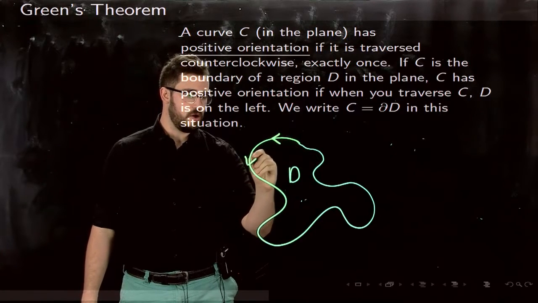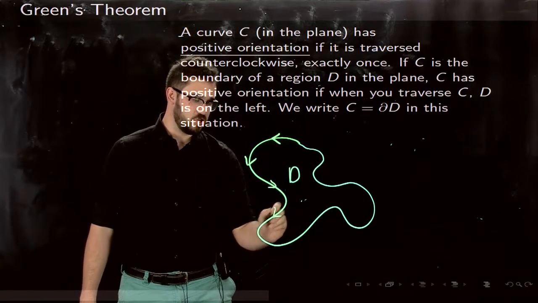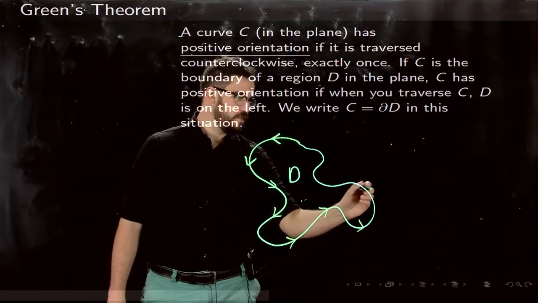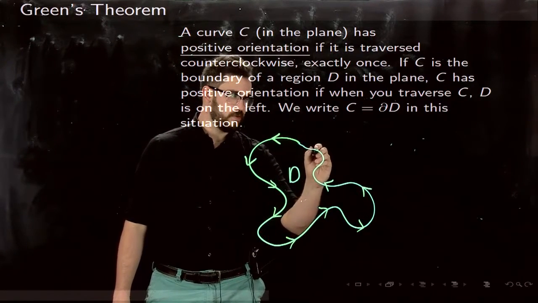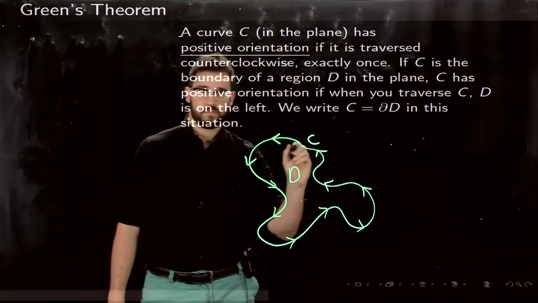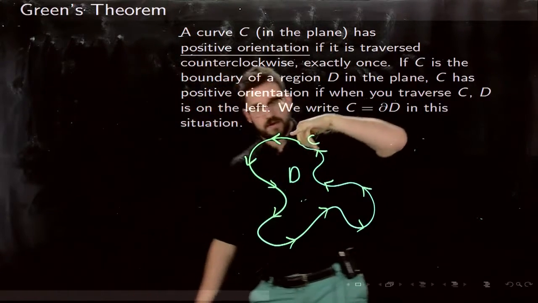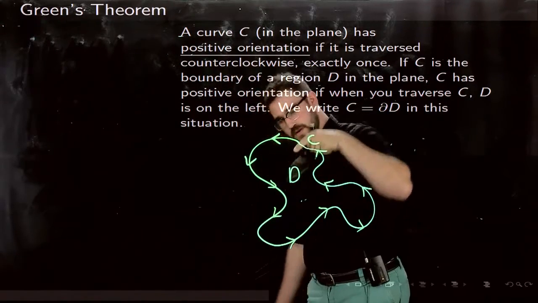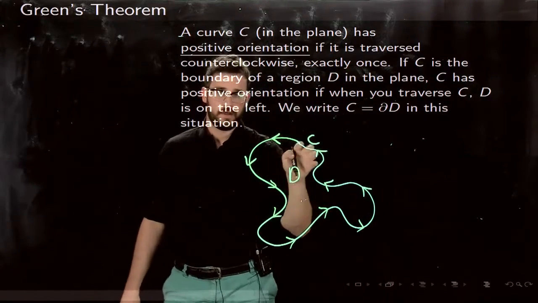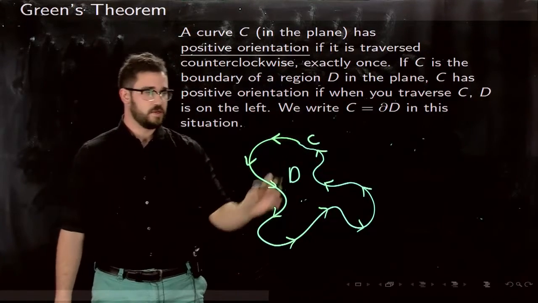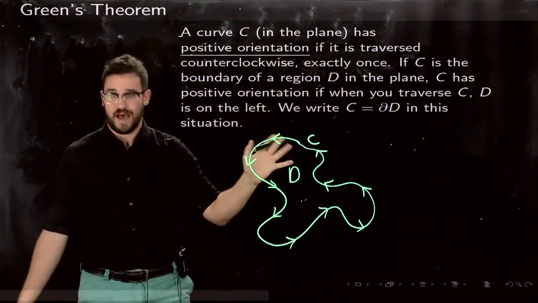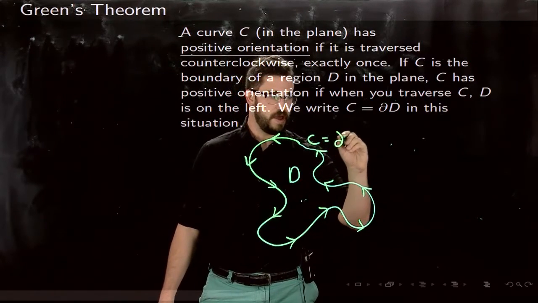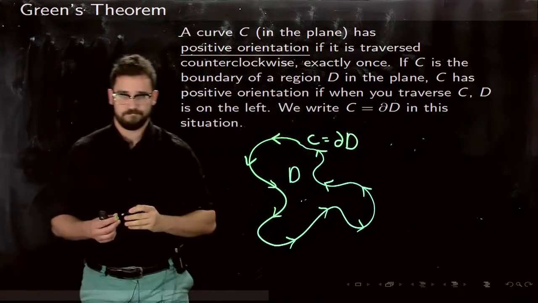How we know that it is a good boundary is, as I travel on this curve C, to the left is D. So if I'm here, I look to my left and I see D. Therefore, this is a good boundary. It's not to the right, that would be not D, obviously. So we can write C to be equal to the boundary of D.